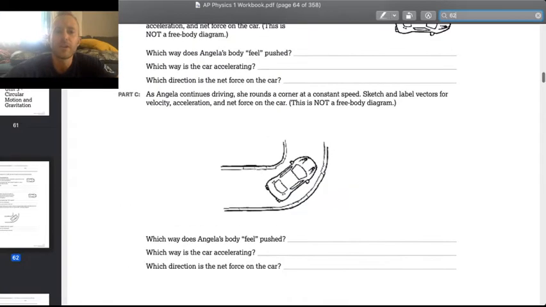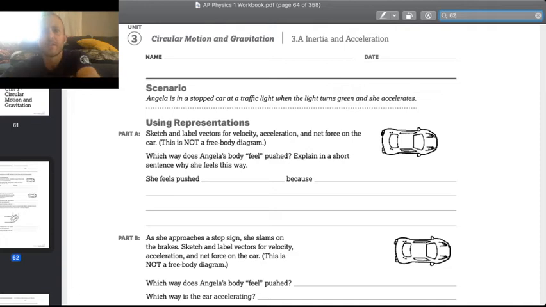It says Angela is in a stopped car at a traffic light when the light turns green and she accelerates. Sketch and label vectors for velocity, acceleration, and net force on the car.